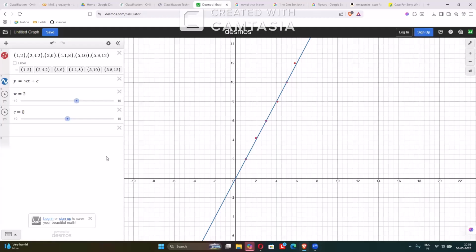Now, when it comes to another kind of data, I am having 6 observations.